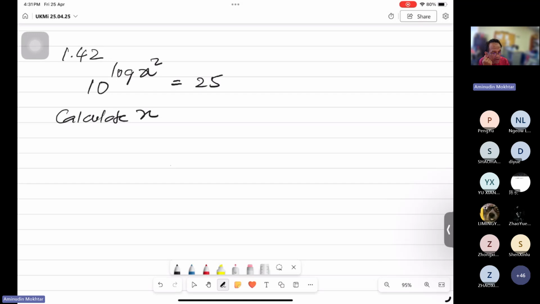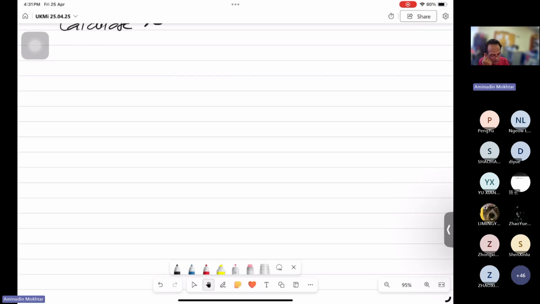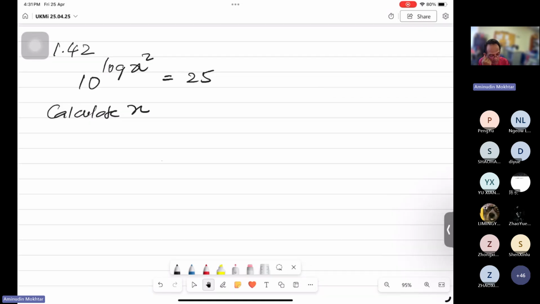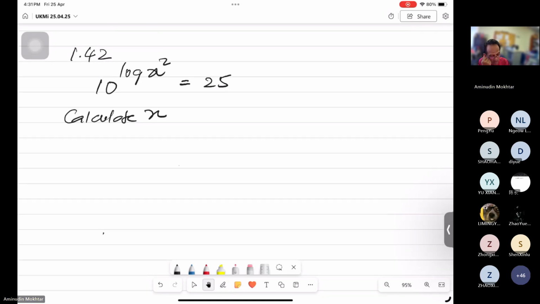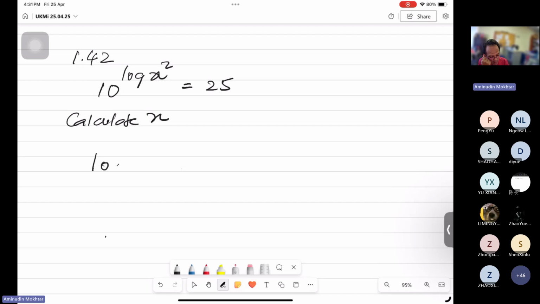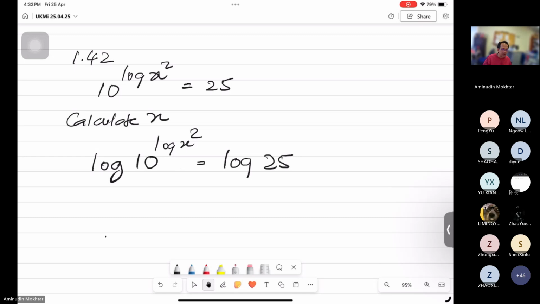This equation can be written as log of 10 to the power of log x squared equal to log 25. We just put log in front of the equation, but we must do this to both the left hand side and the right hand side.